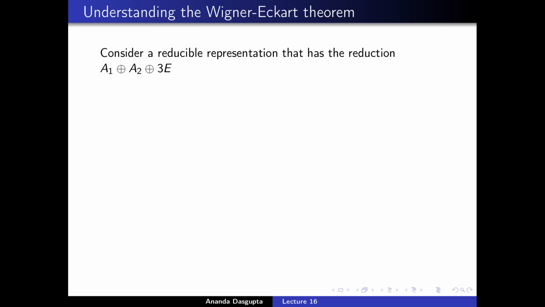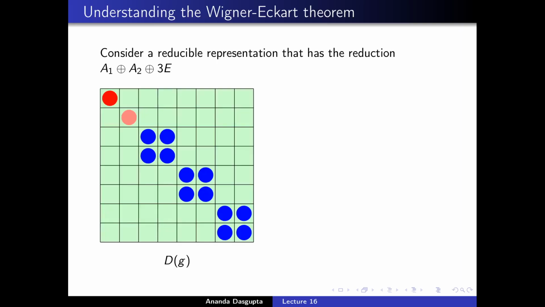So if you manage to choose your basis properly, you will end up with a matrix for each and every one of the DGs which look like this. Each and every one of the group elements will have corresponding 8 by 8 matrices, which for this very special choice of basis will take this particular form.